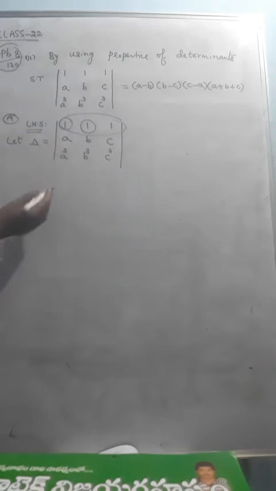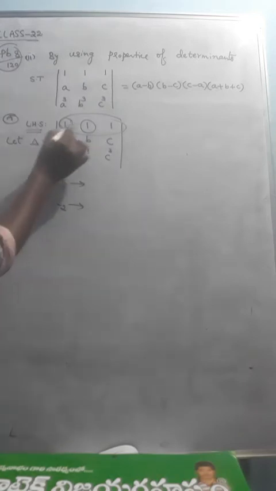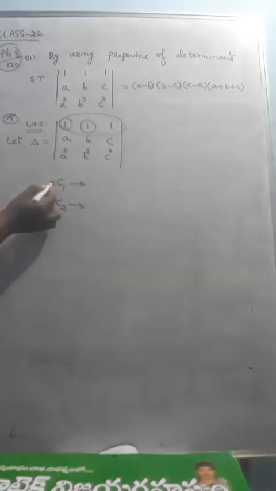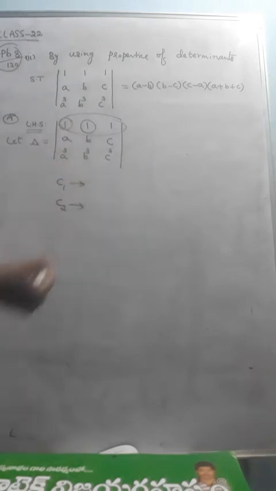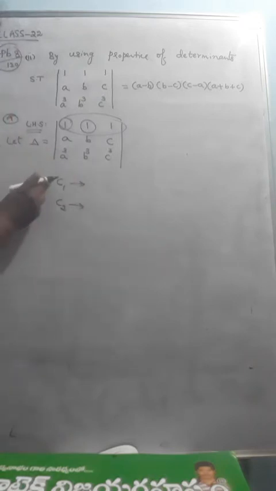That means C1 next to C2. If ones are available row wise, you have to apply column operations. If ones are available column wise, you have to use row operations. Understand? So I want changes in C1 and C2, and the standard column means the third column.